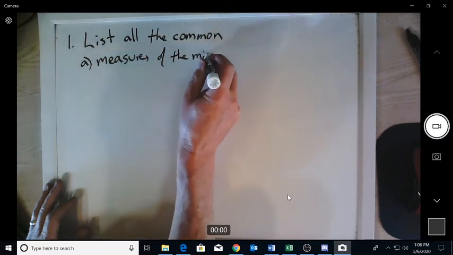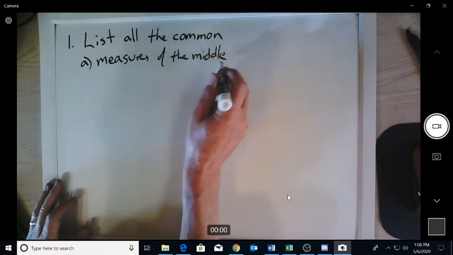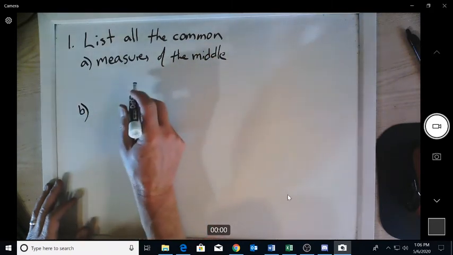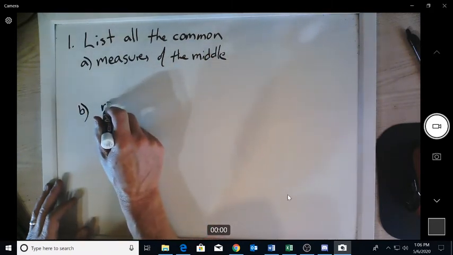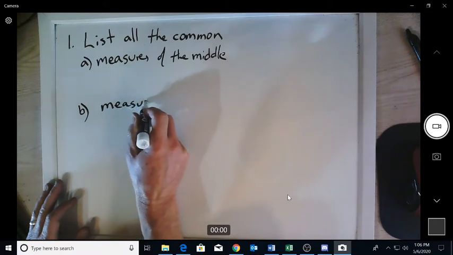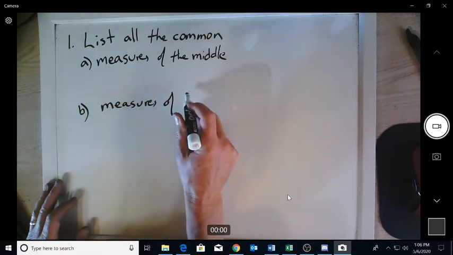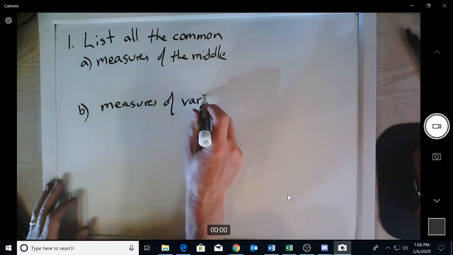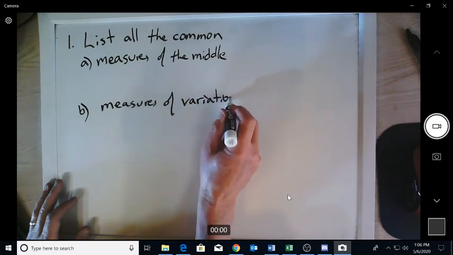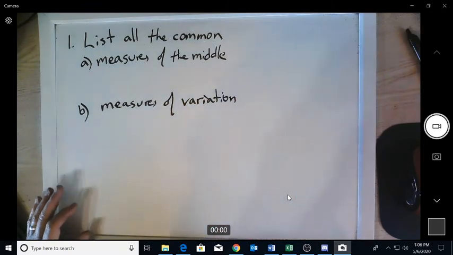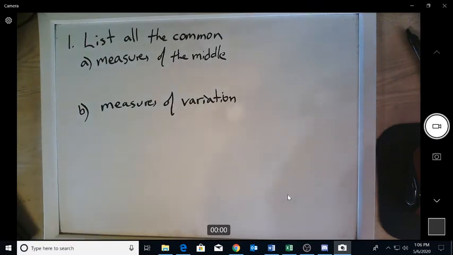How do we measure the middle of a group of data? And then B, all the common measures of variation. What are all the different ways that we've mentioned that we can measure how much the data varies?